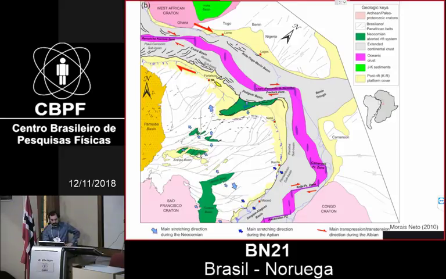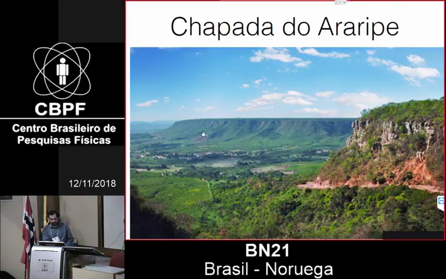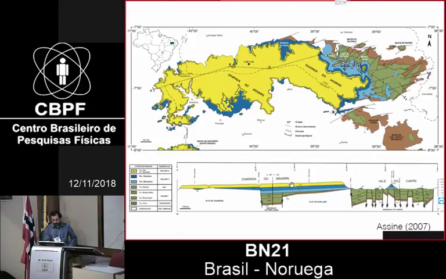Especially, I would like to discuss this basin, the Araripe Basin. Here we have a picture of the Araripe Basin. We have the plateau, the Araripe Plateau, which is now nearly 1 kilometer above sea level. And here is the stratigraphic cross-section crossing the Araripe Basin.